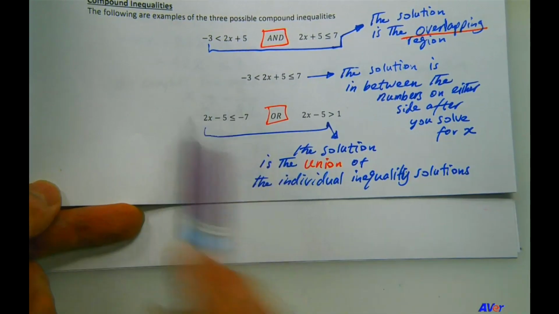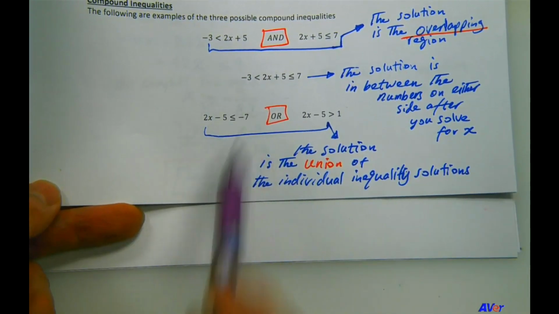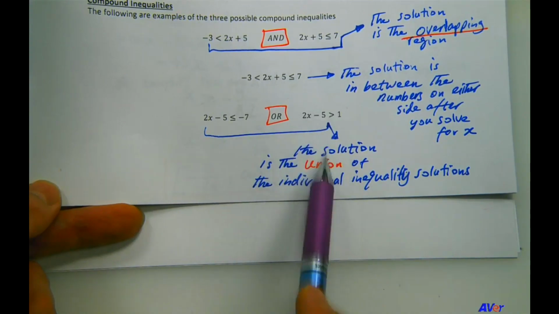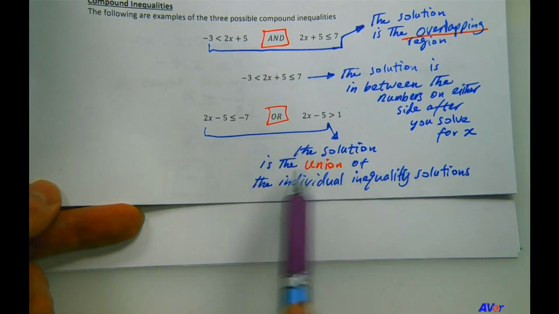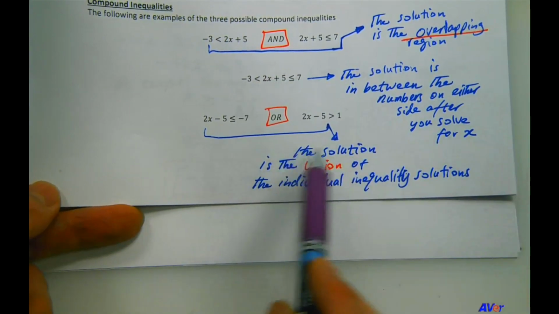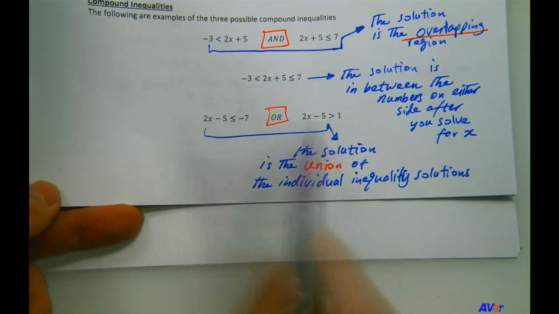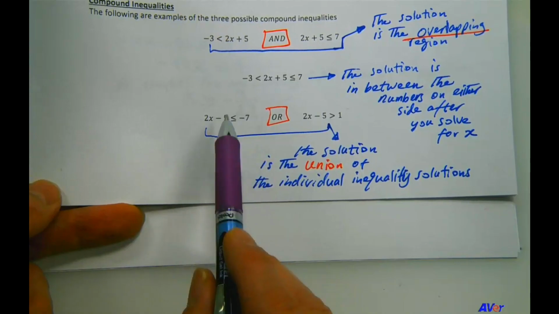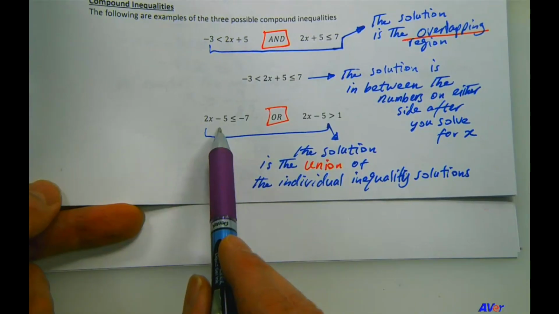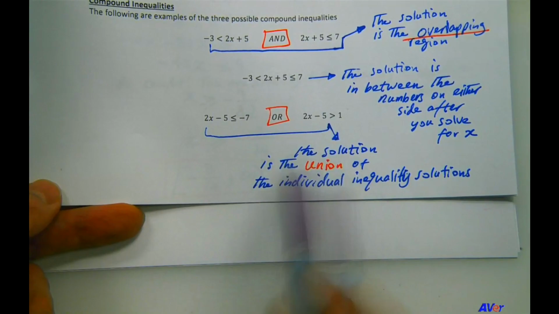So we solve this piece by itself and figure out what x is from this side. We figure out what x is for this inequality, and then the final solution of the compound inequality is the combination, or the union, of this solution and that solution, okay?